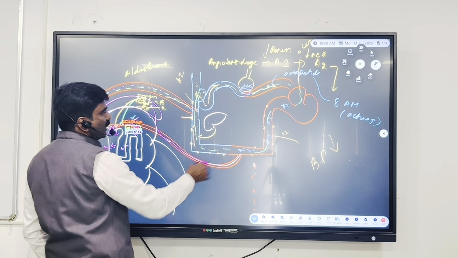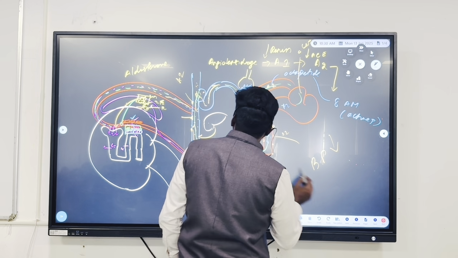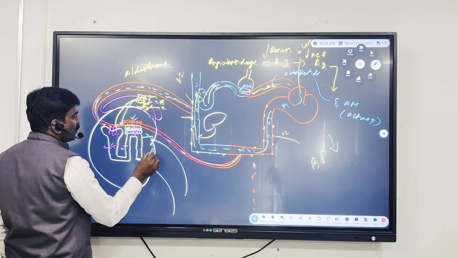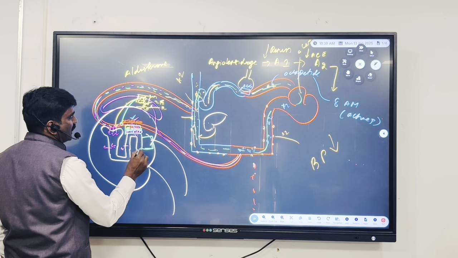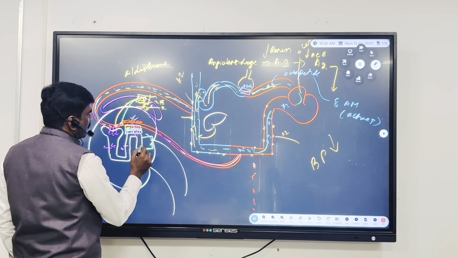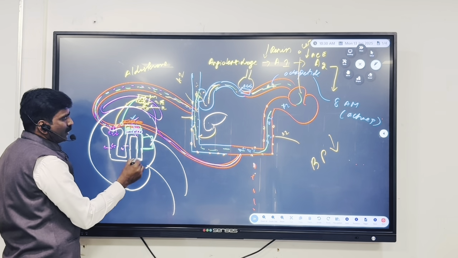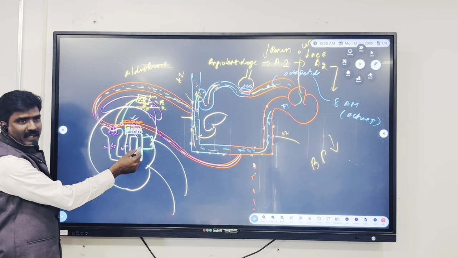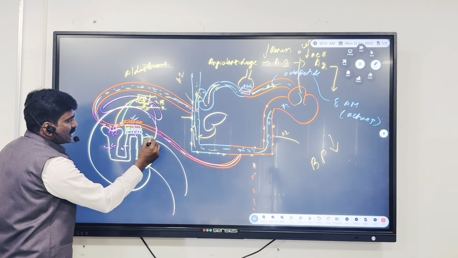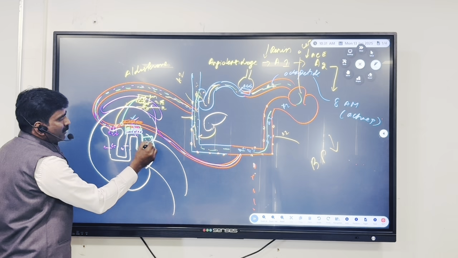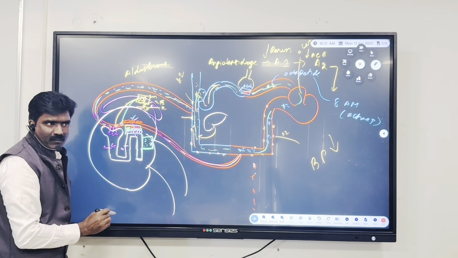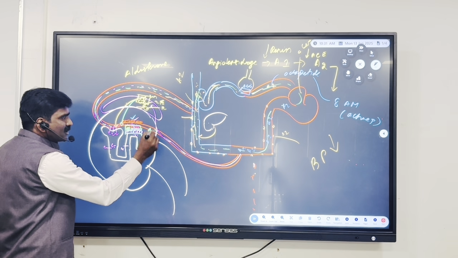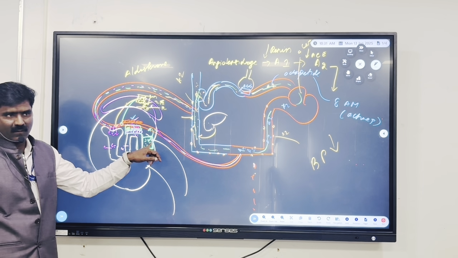Now A2 is circulating. When it comes here, it acts on the principal cells near the collecting tubule. This is the collecting tubule of the nephron, and here the cells present are called principal cells.